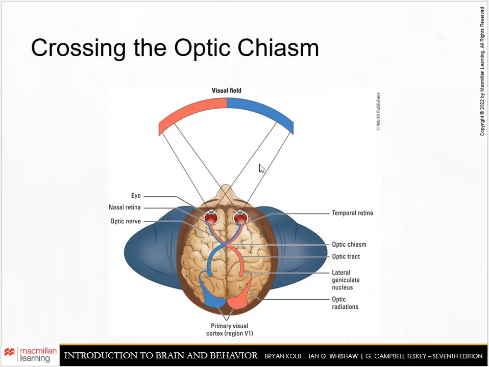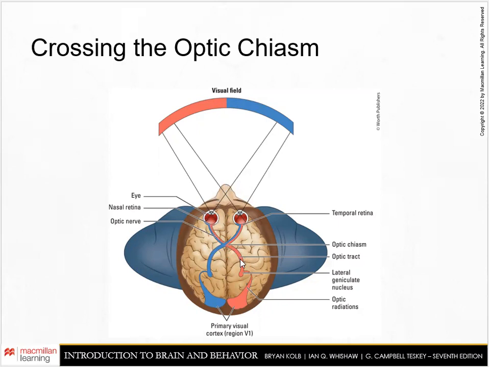And we can see that the light that is taking place here on the inside by the nose, right, nasal, that information is crossing over to the right side of the brain. It's crossing, this is the optic chiasm right here in the center, right? That's where the railways of visual information are crisscrossing.